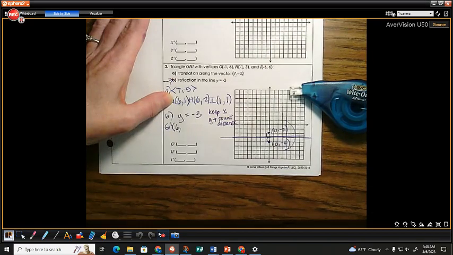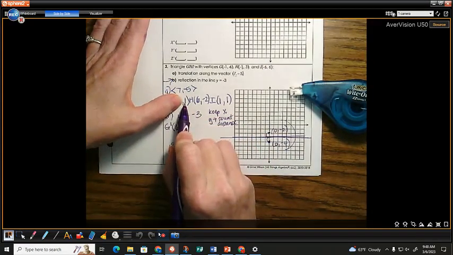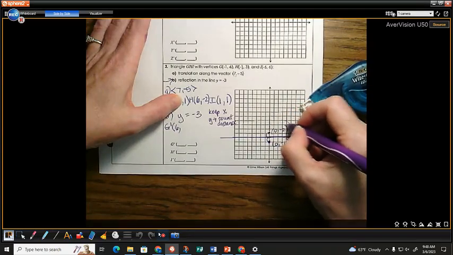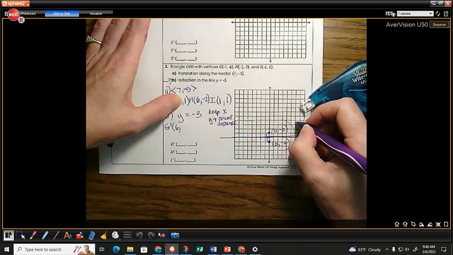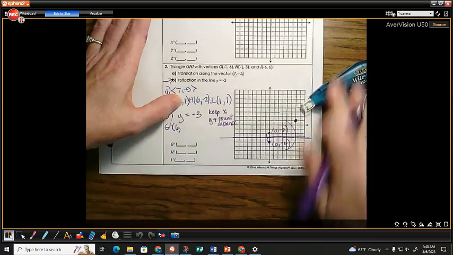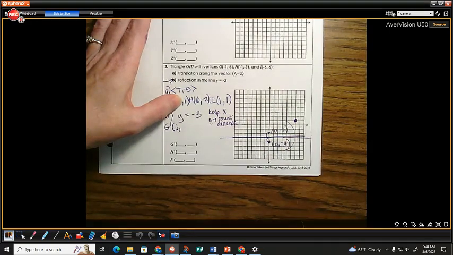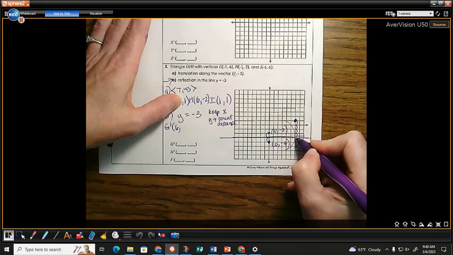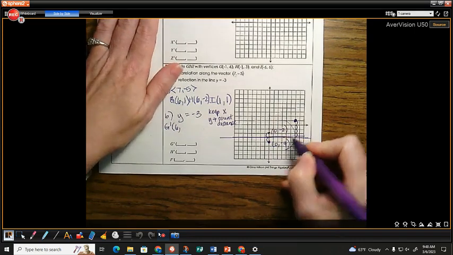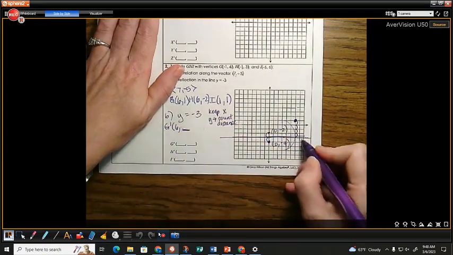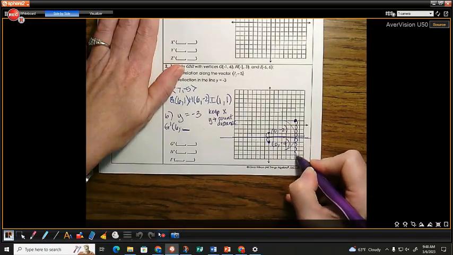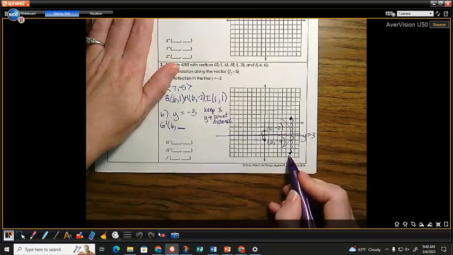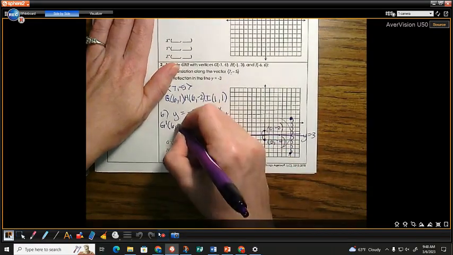And so you go, okay, how far is 1 from my -3 line? How far is 1 from -3? It's 4. So my reflection, this number should be 4 in the other direction from -3. What's 4 below -3? And that's going to be -7.